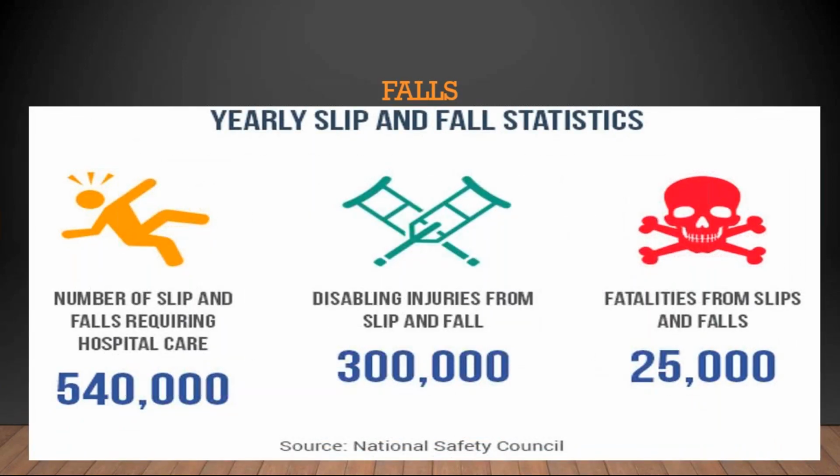So falls, this is a very high morbidity statistic when we're looking at it in the United States. So 540,000 falls requiring hospital care in the United States of America, which is crazy to think of. And then when we look at these, 25,000 fatalities happen from slips and falls.